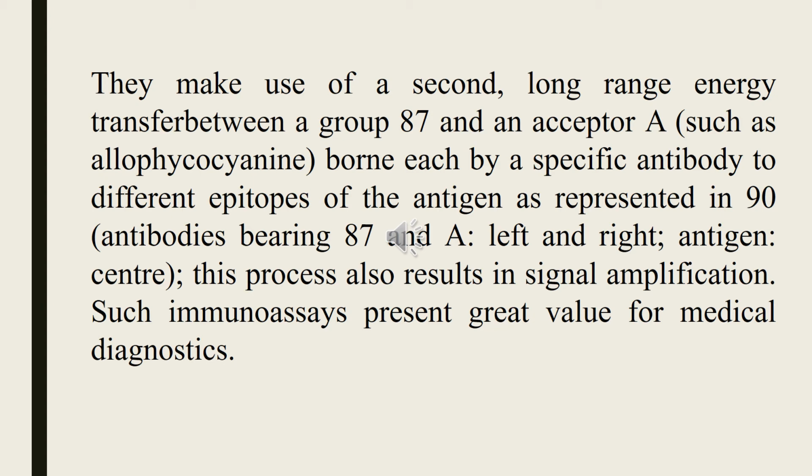They make use of long range energy transfer between a group 87 and an acceptor A, such as allophycocyanin, bound each by a specific antibody to different epitopes of the antigen, as represented in 90, antibodies bearing 87 and A, left and right of the antigen center.